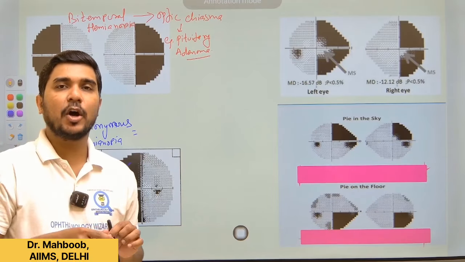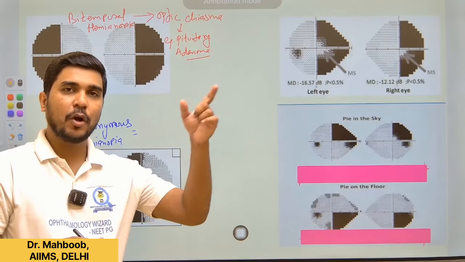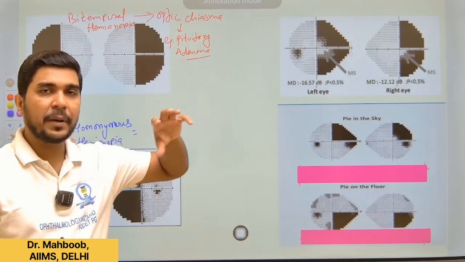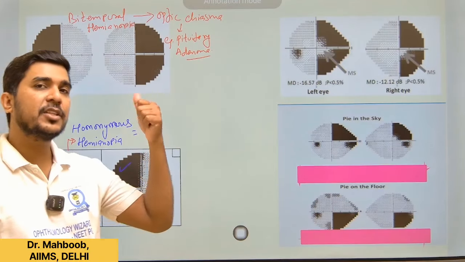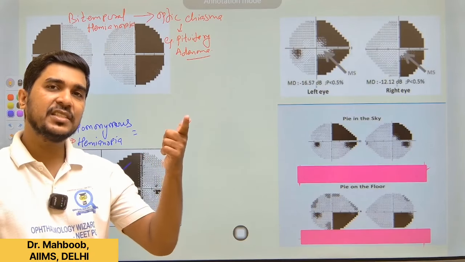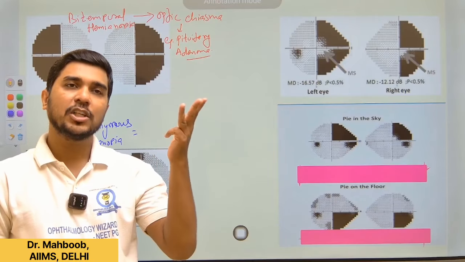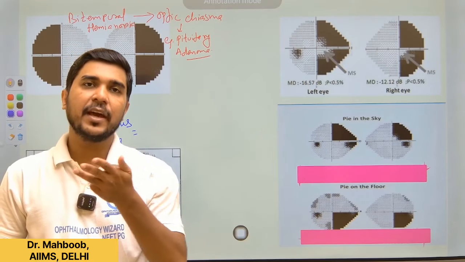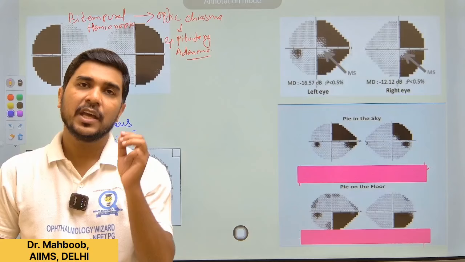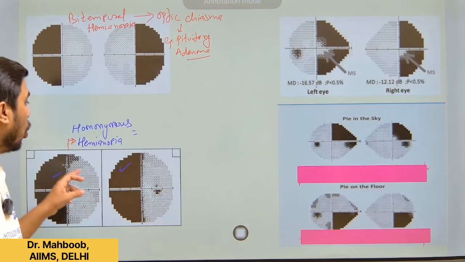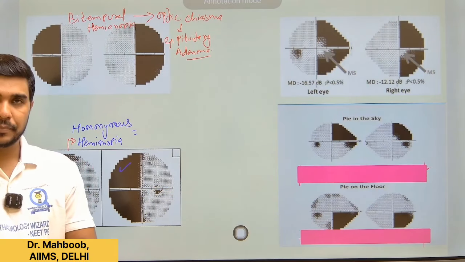And what is behind the optic chiasma? After the optic chiasma there is the optic tract, optic radiations, lateral geniculate body, occipital cortex. So anywhere behind the optic chiasma, if there is a lesion, then homonymous hemianopia will be there.